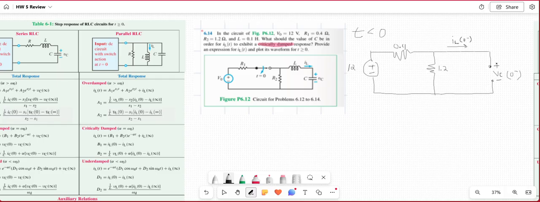VC of 0 minus here is the same across the parallel branch, right? So you can just do a voltage divider.